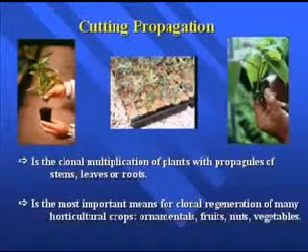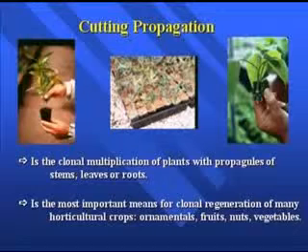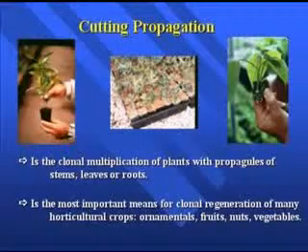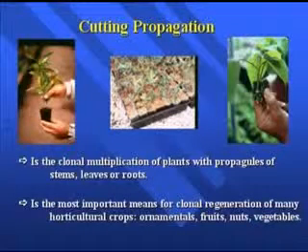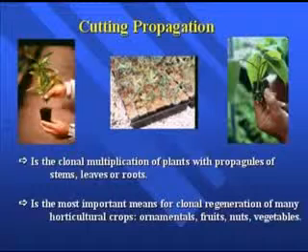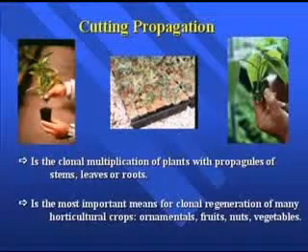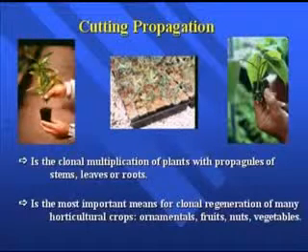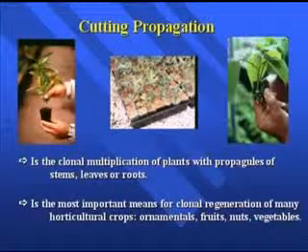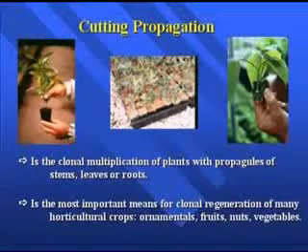Cutting propagation is the most important means of clonal regeneration of many horticultural crops: ornamentals, fruits, nuts, vegetables. A lot of times, in vegetable crops, we normally think of them as just being seed produced. But if you look at some of the really important vegetable crops around the world, for instance, potatoes, sweet potatoes, and also yucca, and a number of other species, they are asexually, clonally regenerated.